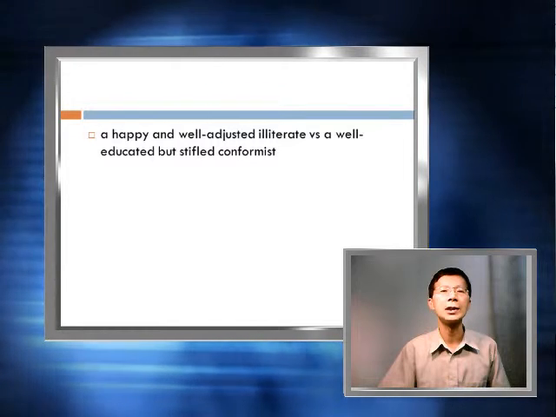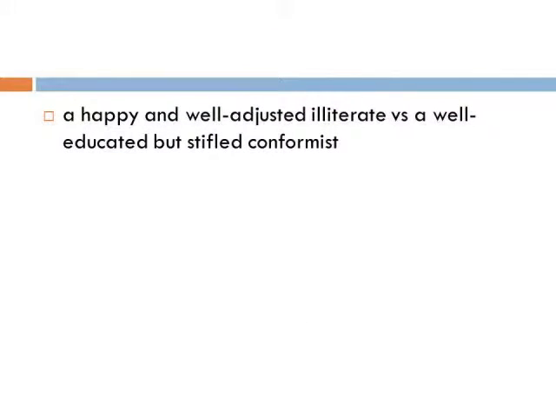At the risk of oversimplification, romantic educators are preeminently concerned about the growth and happiness of the child. They would rather have a happy and well-adjusted illiterate than a well-educated but stifled conformist. Transmissionists, on the other hand, see themselves as more realistic. After all, people have to hold a job and contribute to society.